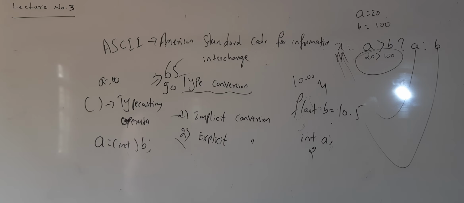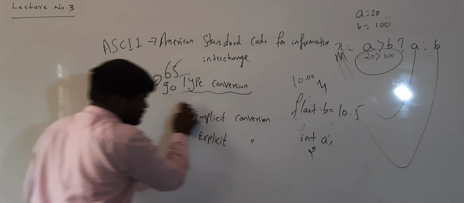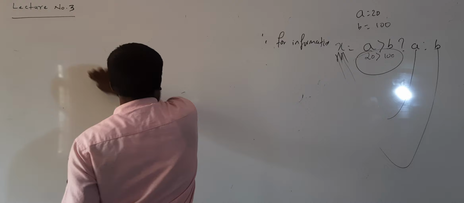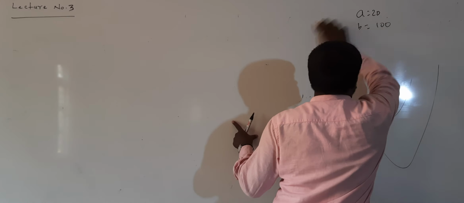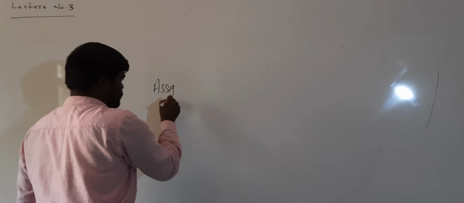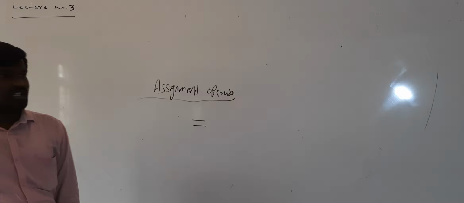The next topic is assignment operator as well as shorthand operators. First one I take is the assignment operator. Here the assignment operator is nothing but the equal to operator.